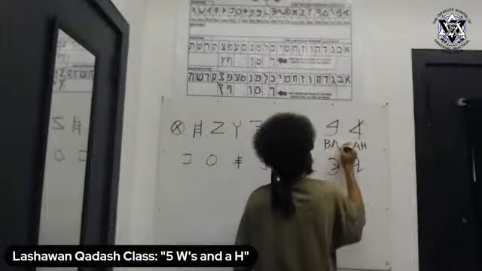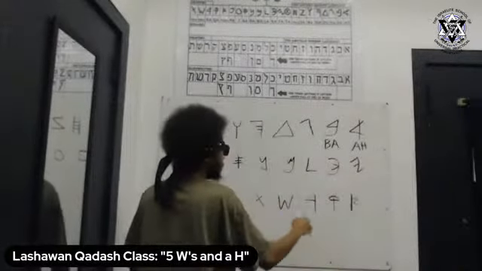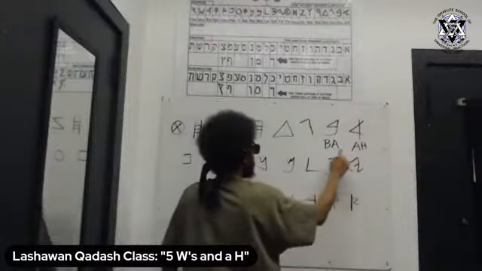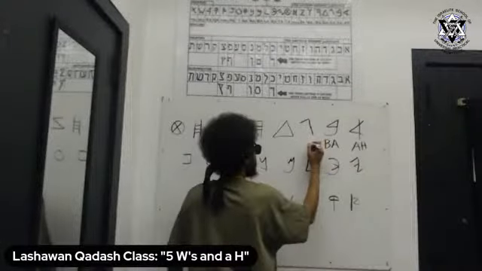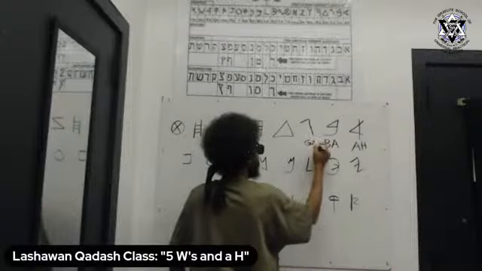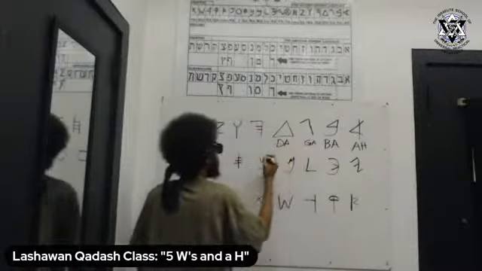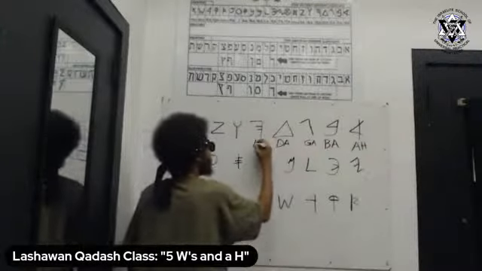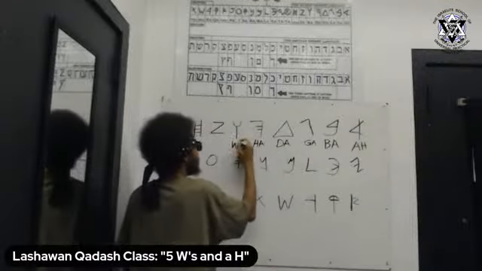These are all letters, the alphabet letters of the Hebrew. So this is what again? G-A. Is that correct? Yeah. H-A. W-A.